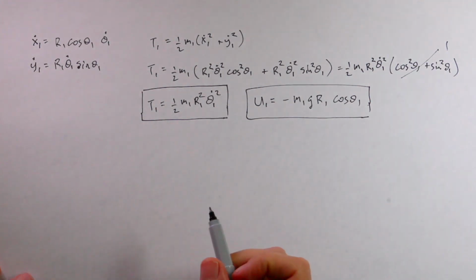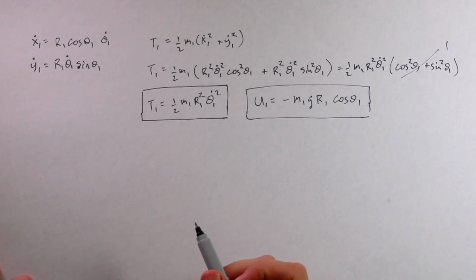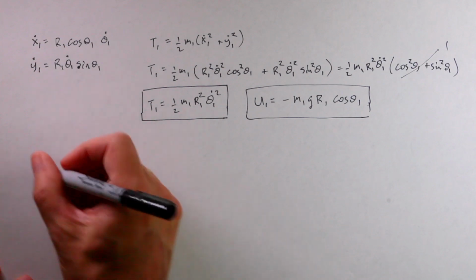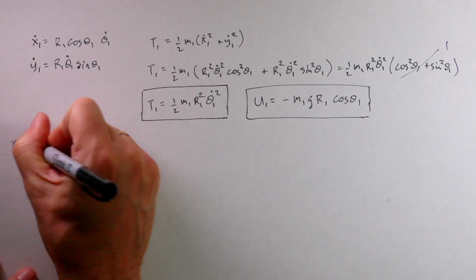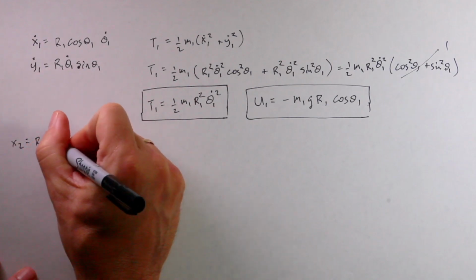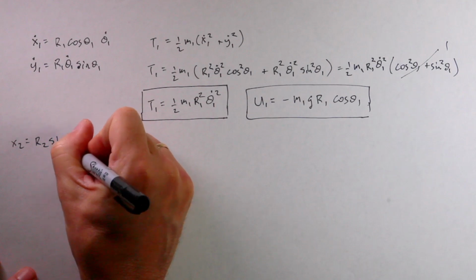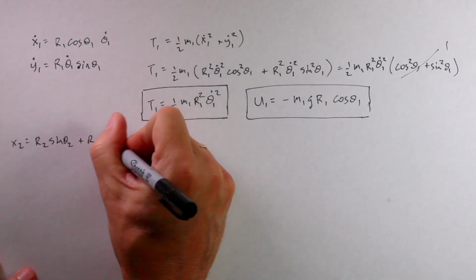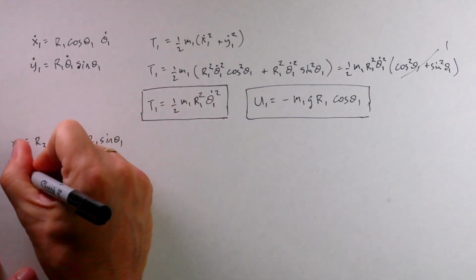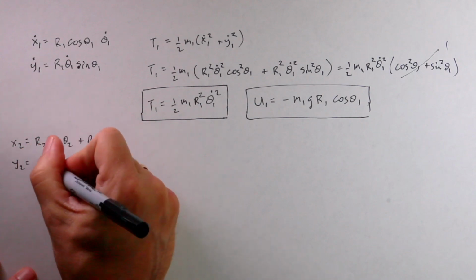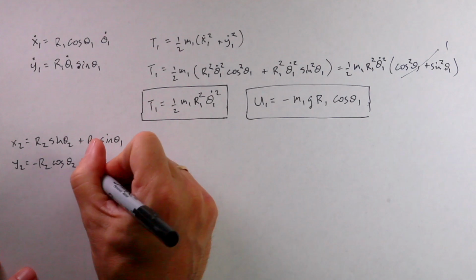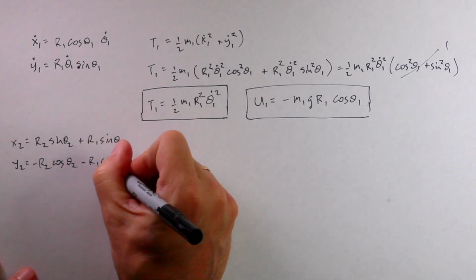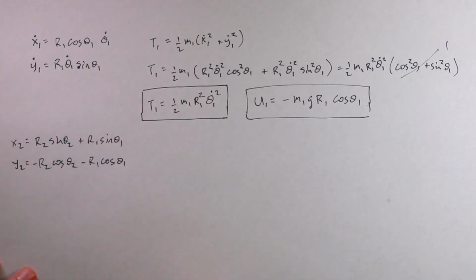Okay, now let's do the time derivatives of x2 and y2. So let me write those up here, because x2 equals r2 sine theta 2 plus r1 sine theta 1. y2 equals negative r2 cosine theta 2 minus r1 cosine theta 1.